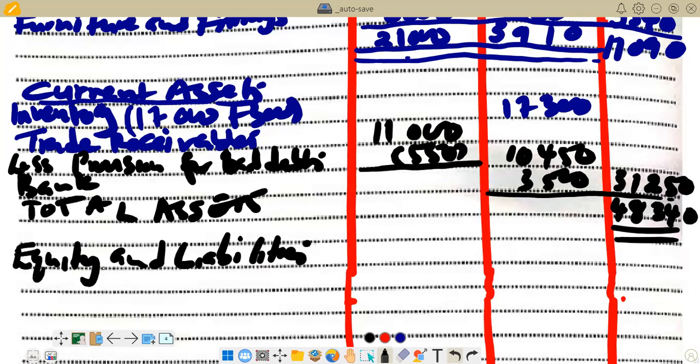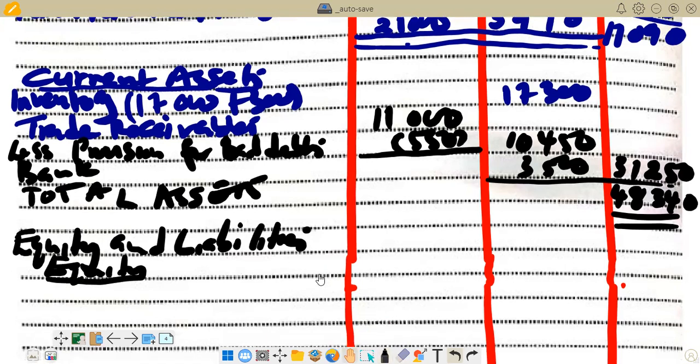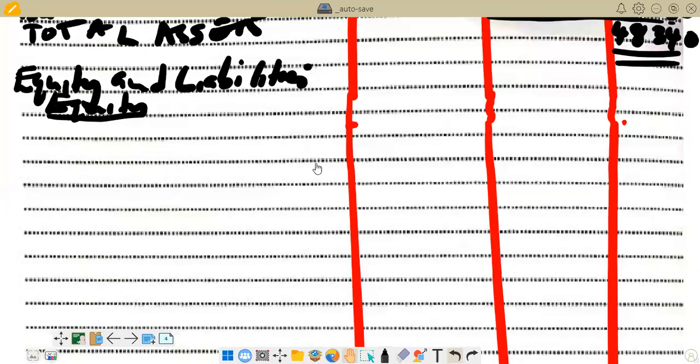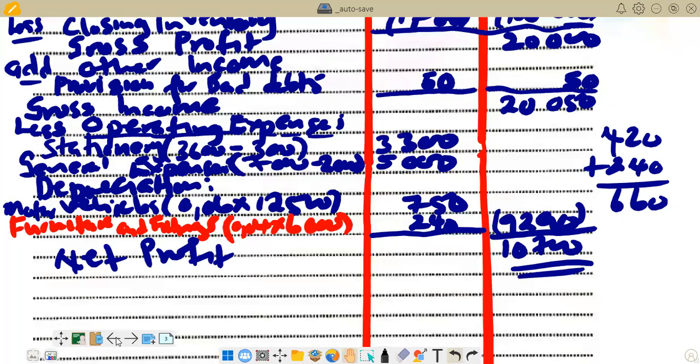Right, so that's what we have. And we are going to start with equity. Remember, equity is capital. So we are going to start with the opening balance of capital that we are given in the question. We add net profit, we subtract drawings. So the figure for opening equity or opening capital, get it in the list of balances.